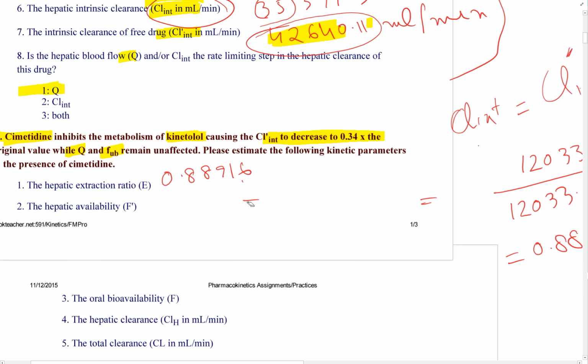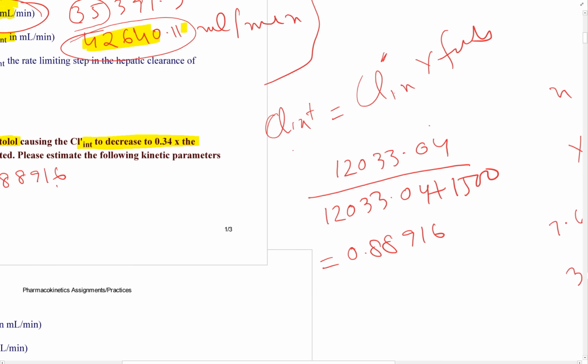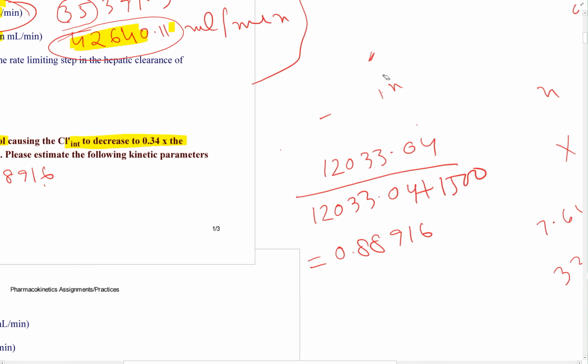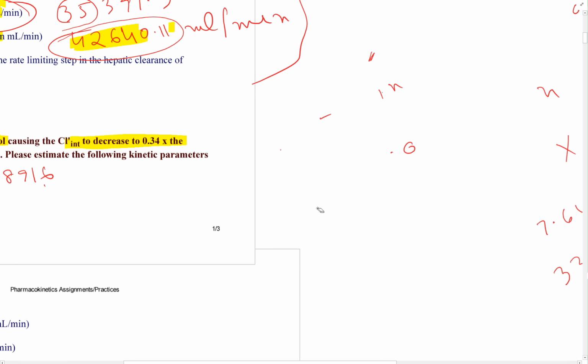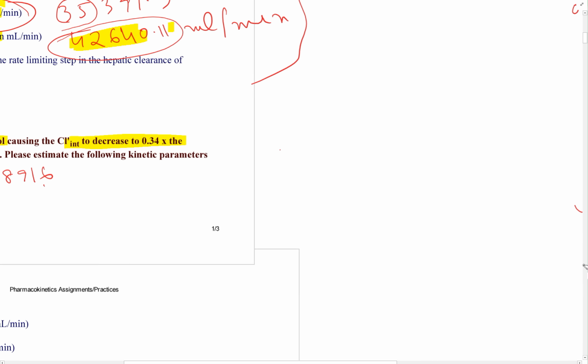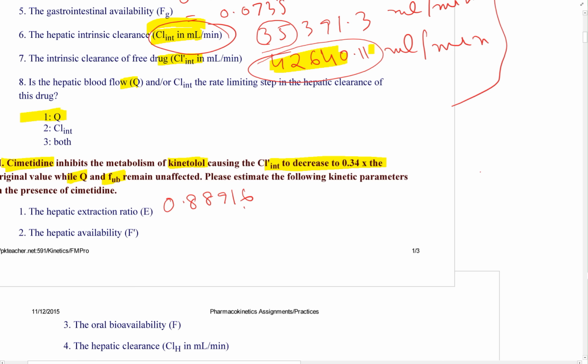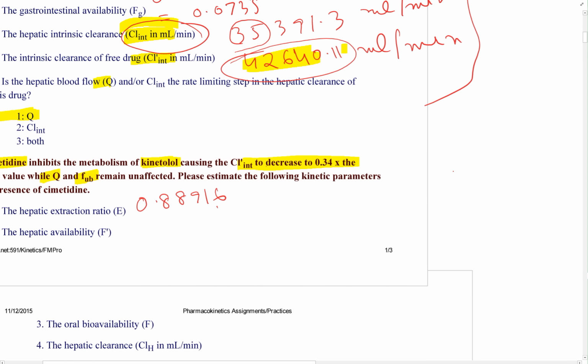So there are multiple things we have to do to calculate this extraction ratio because CLINT prime and CLINT have changed. As the first step, since it has decreased by 3.4-fold, we have to multiply the original one by 0.34.